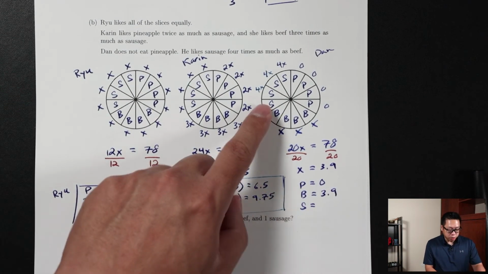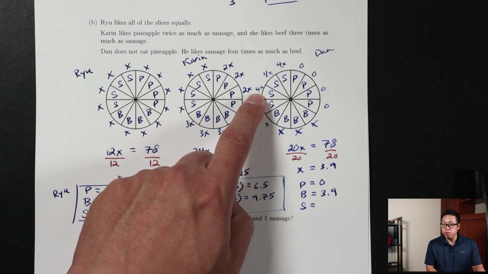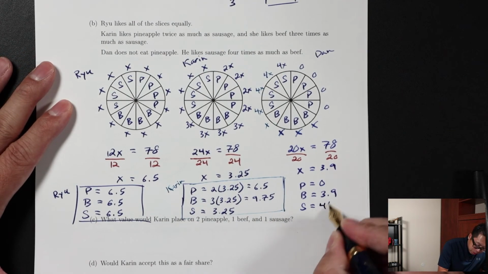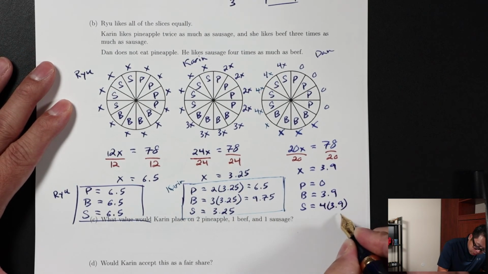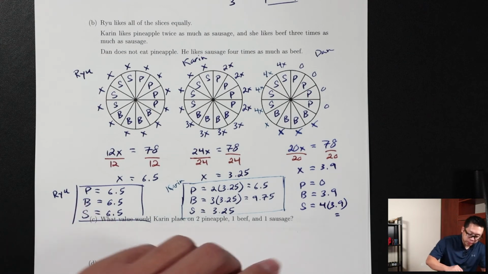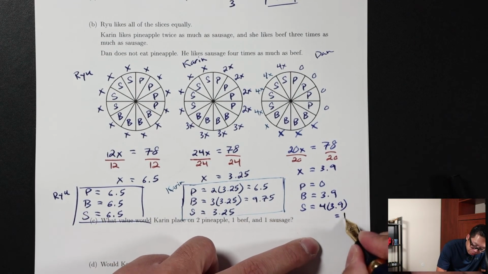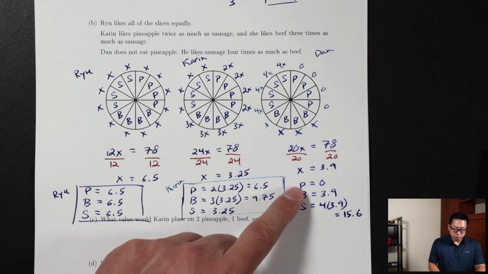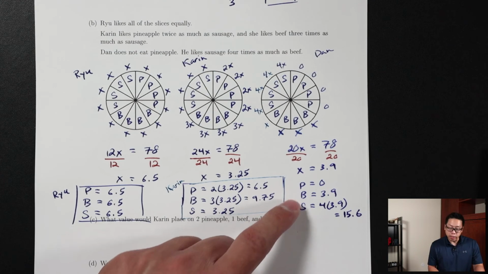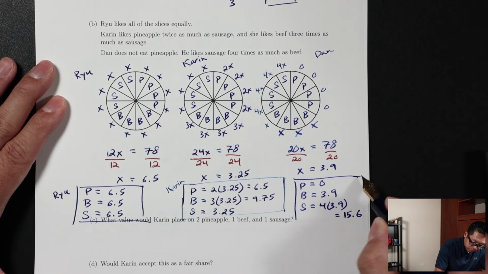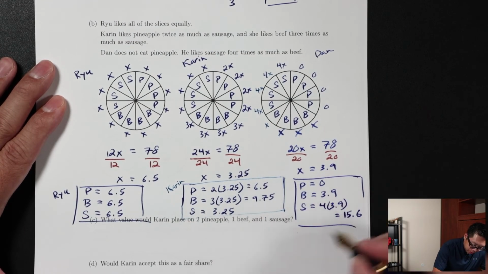And the sausages are worth 4x, which means 4 times 3.9, which is 15.6. So in Dan's eyes, the pepperonis are worth 0, the beef are worth 3.9, and the sausage are worth 15.6. These are Dan's.